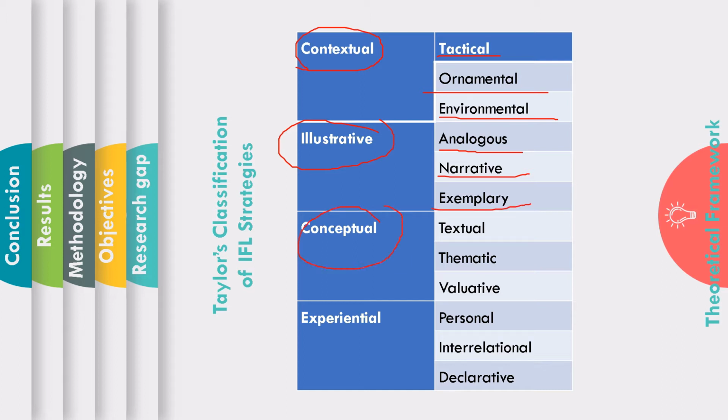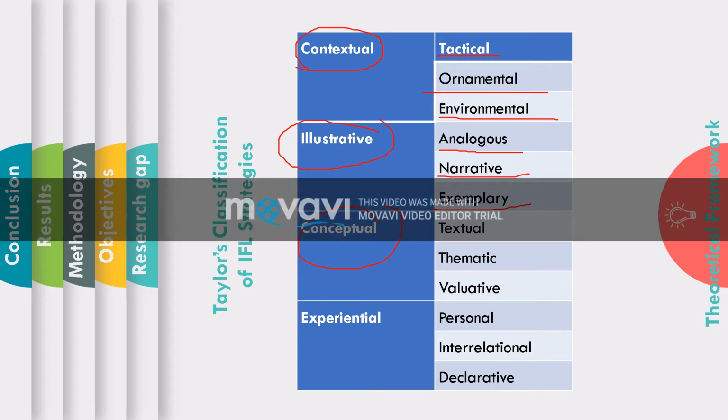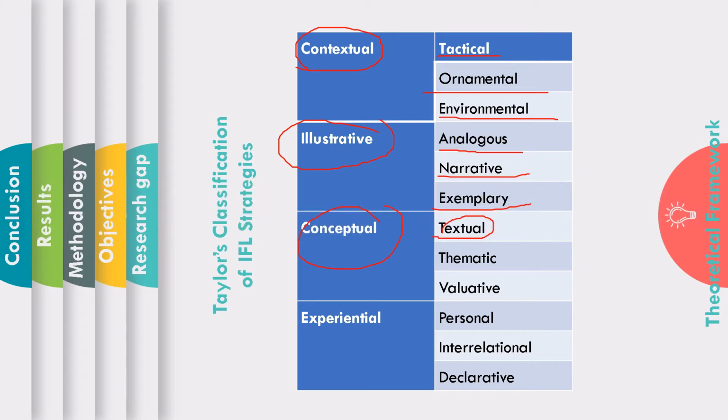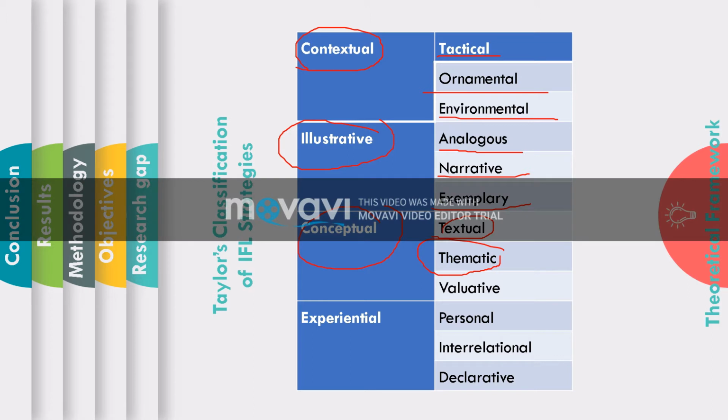Conceptual, on the other hand, means to put faith and values into concepts, like using verses and quotes during lessons, which is the most common, that is textual, or it could also be by using a theme for the whole lesson, theme of peace, love, etc. And the last is emphasizing the value of ethics and good character, which falls under the valuative method.